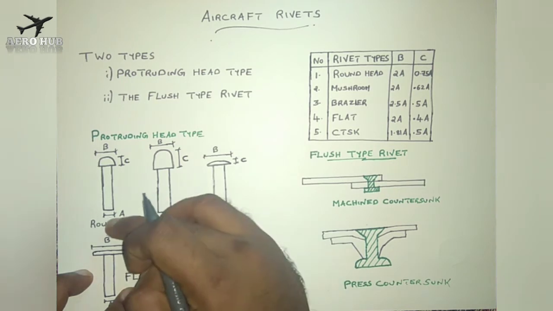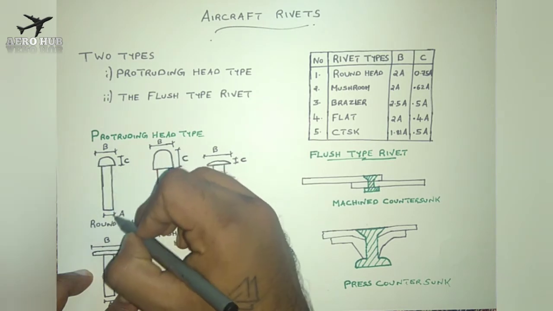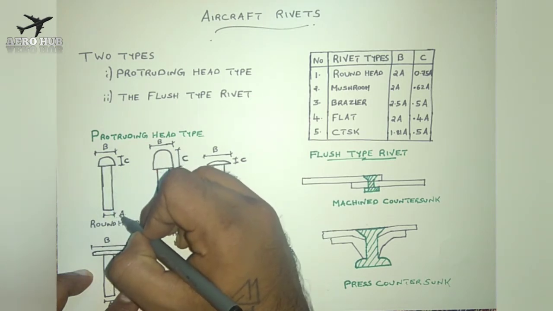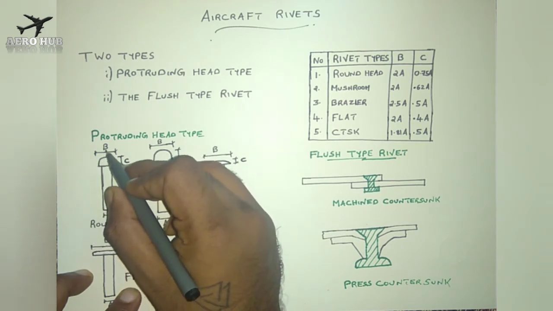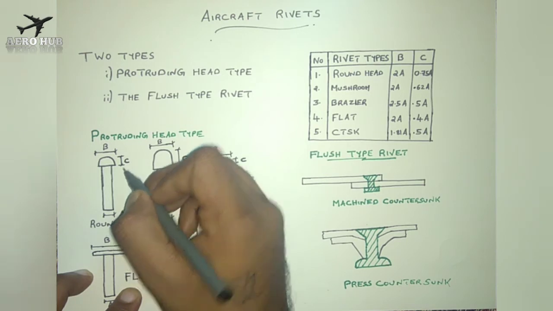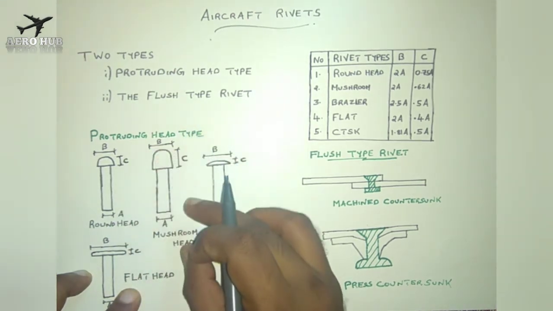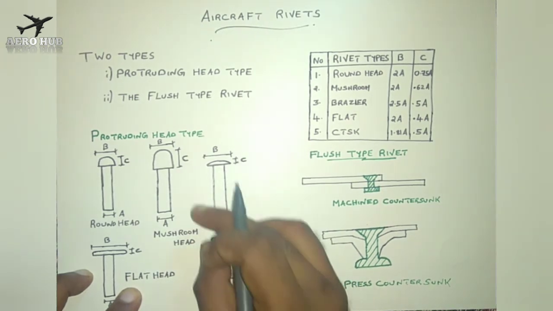As you can see, this is the shank of the rivet, and this is the head. The shank diameter is capital A, the rivet head diameter is capital B, and the height of the rivet head is capital C. This designation is applicable for each and every protruding head type rivet.